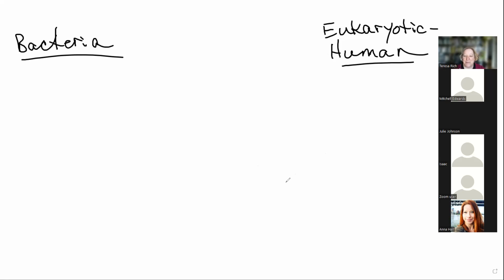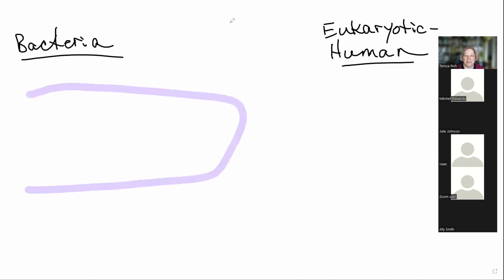A bacteria cell is going to have a cell wall. Yes, a cell wall. Peptidoglycan, I think. Very good. Okay, and I'm going to draw just part of a bacterial cell. And let's go ahead and put peptidoglycan.